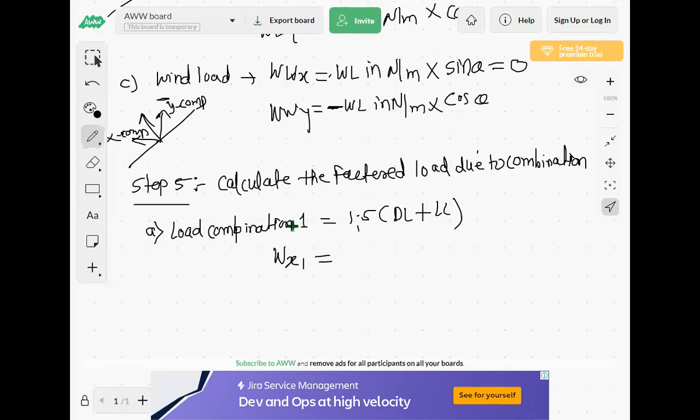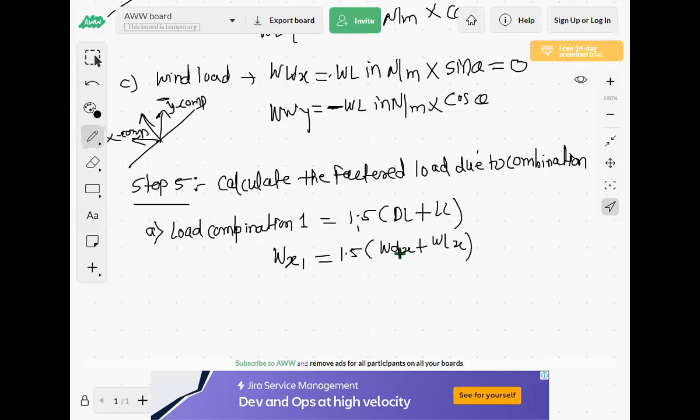WX1 is the addition of dead load plus live load for the first load combination. So WX1 is equal to 1.5 into WDX plus WLX.